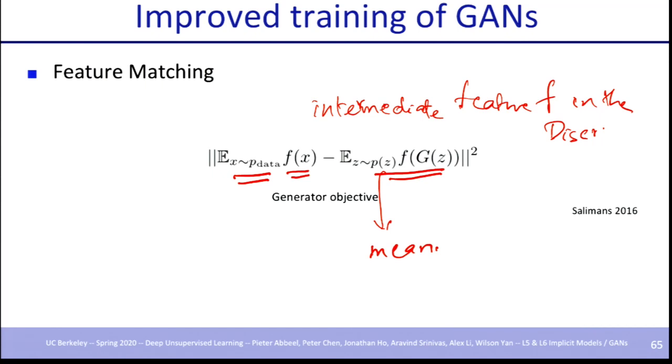Yeah. So this seems similar to the Fréchet inception distance thing that was used to evaluate the performance of GANs. And Professor Abbeel mentioned that directly optimizing that objective wasn't very useful. So I was wondering how this is different from that. No, that's a great question. So the question is, this looks very similar to the Fréchet inception distance, which is actually an evaluation metric for GANs.